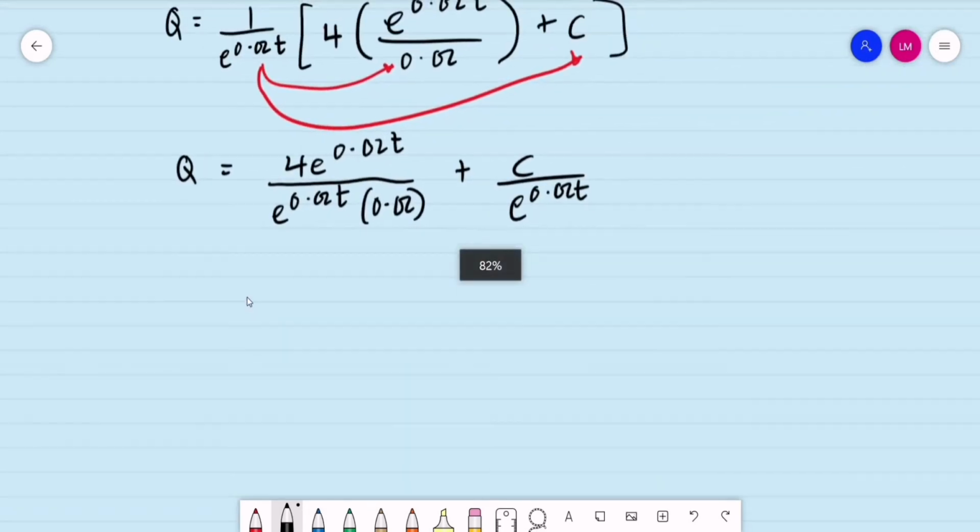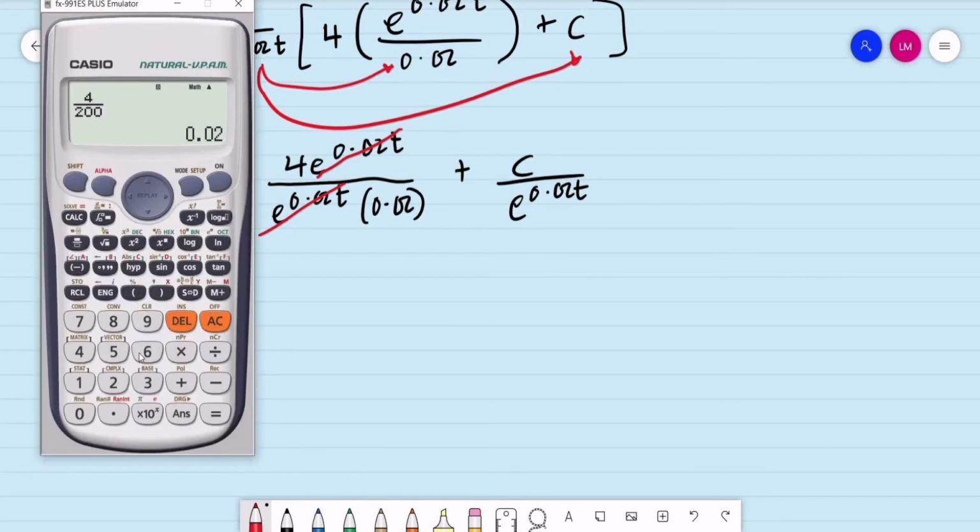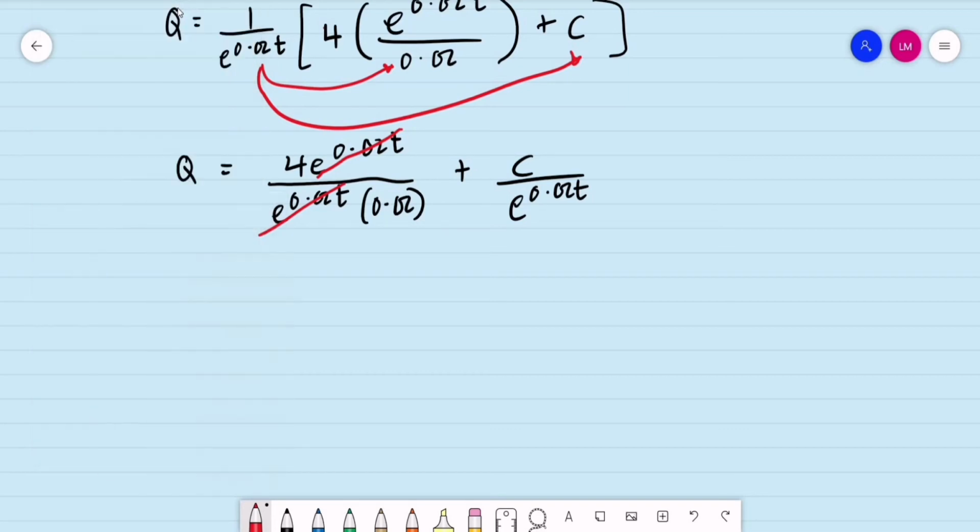So we may now simplify this equation. We may cancel e raised to 0.02t. Then what is that value? I think that is the same as 200. 4 divided by 0.02 is equal to 200. We have now the value of Q.